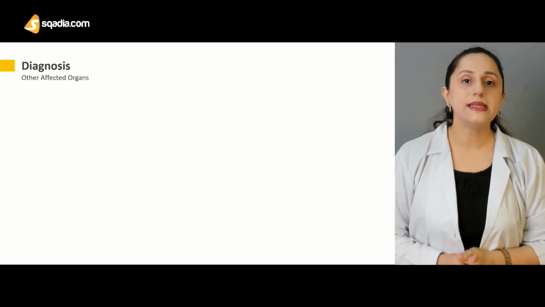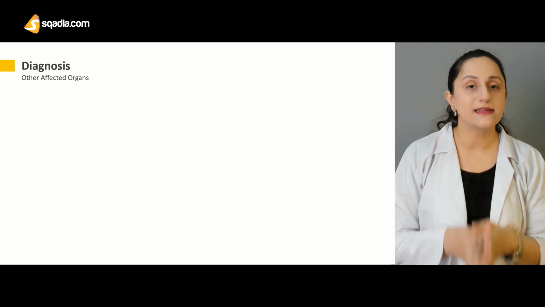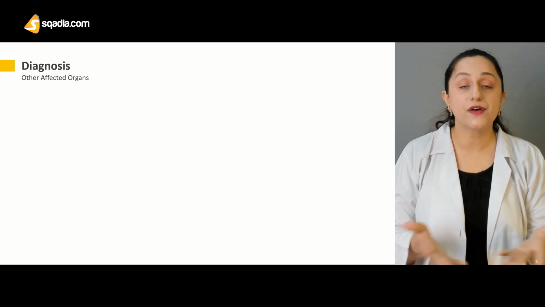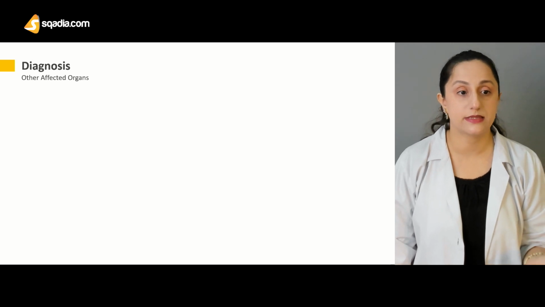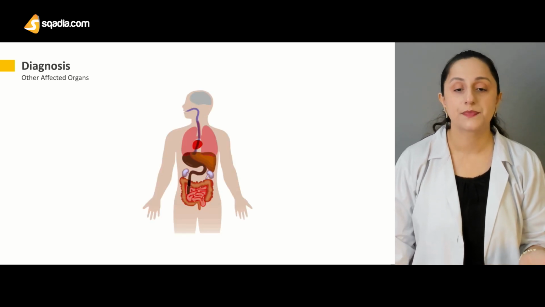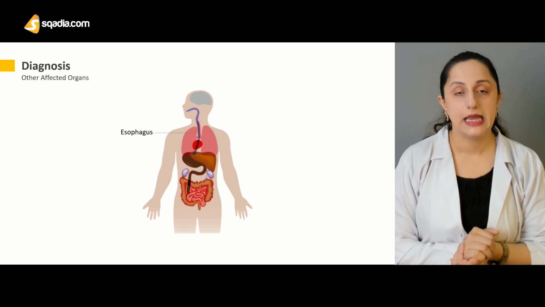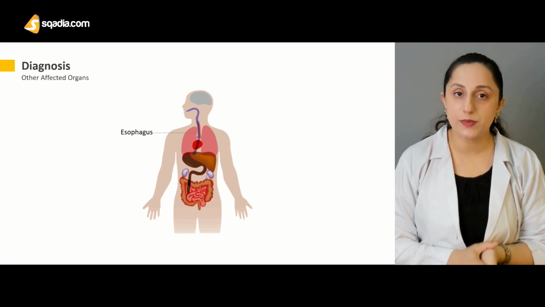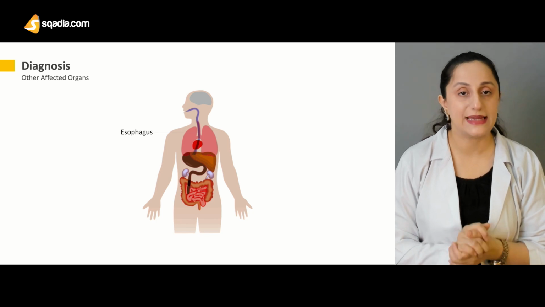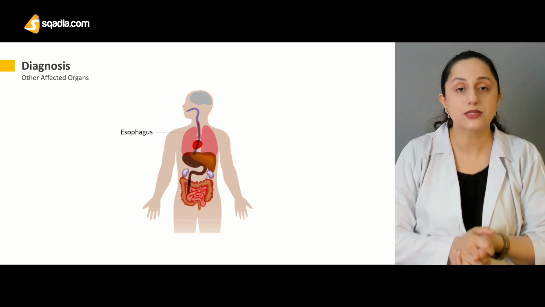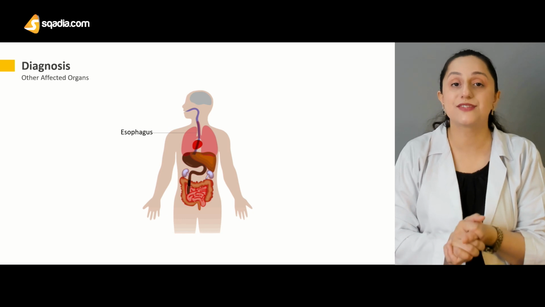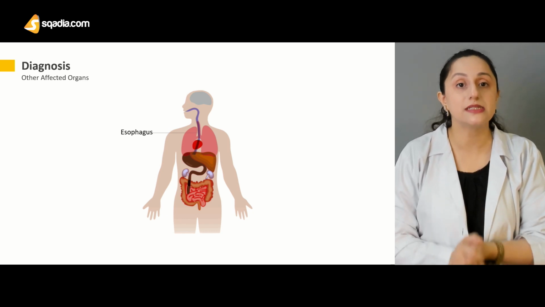Now, it's not only the skeletal muscles that are affected. A lot of other organs are also affected in cases of dermatomyositis, ranging from the esophageal muscles. When the smooth muscles of the gut, the GI tract, are affected, that is going to result in dysphagia, that is, difficulty in swallowing.